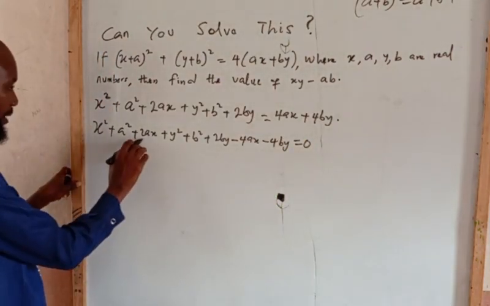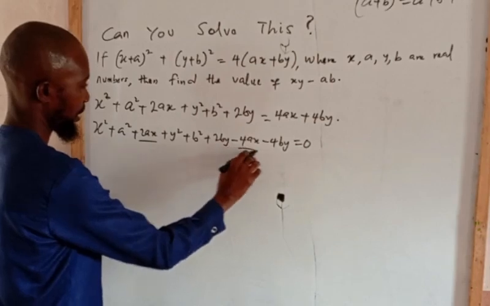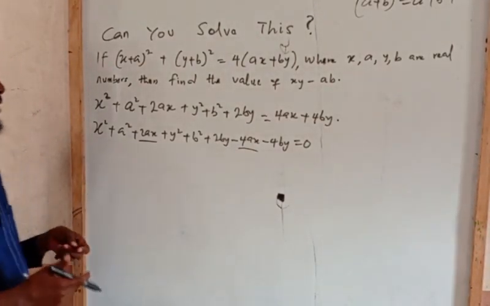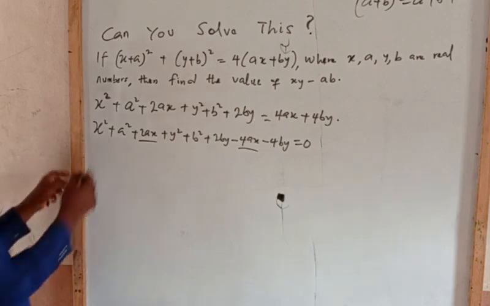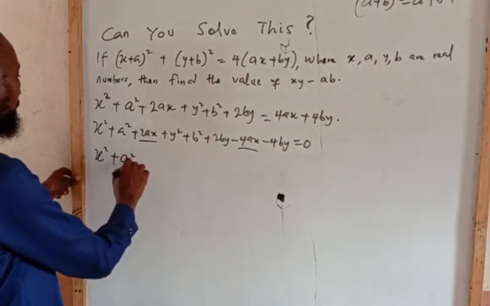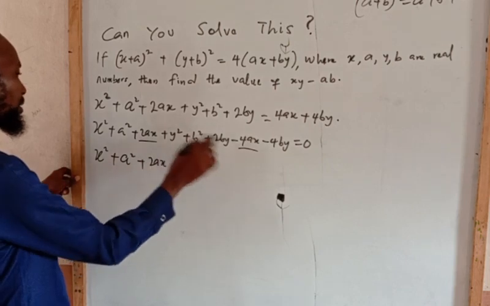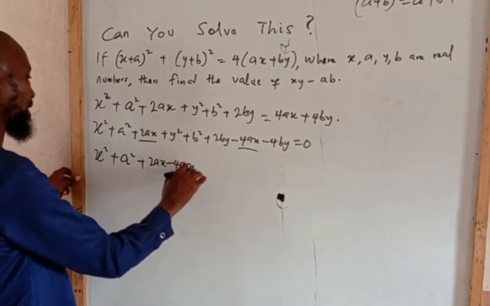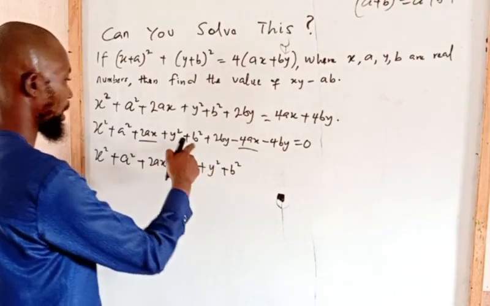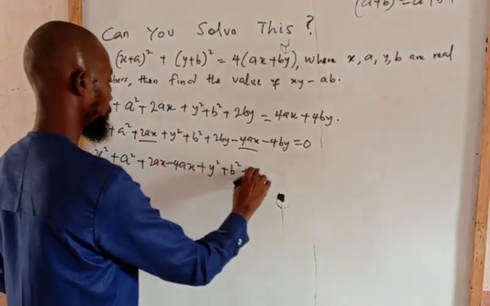I can see that I have terms with ax, so I would like to combine those. That becomes x² + a² + 2ax - 4ax + y² + b² + 2by.